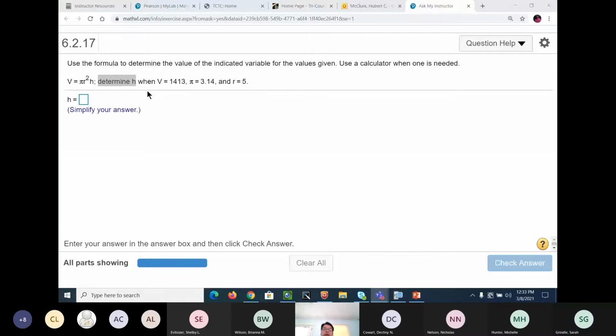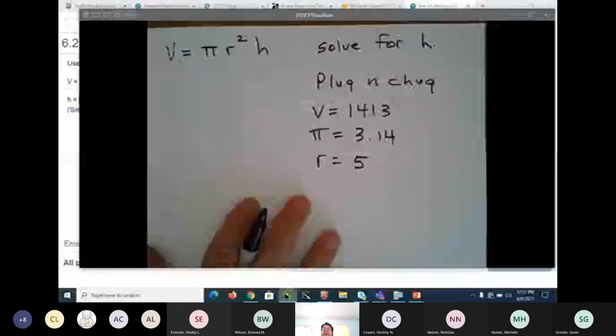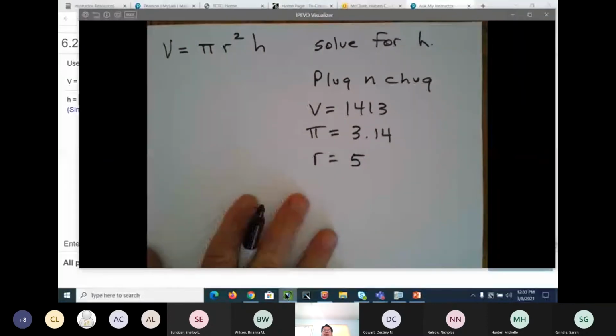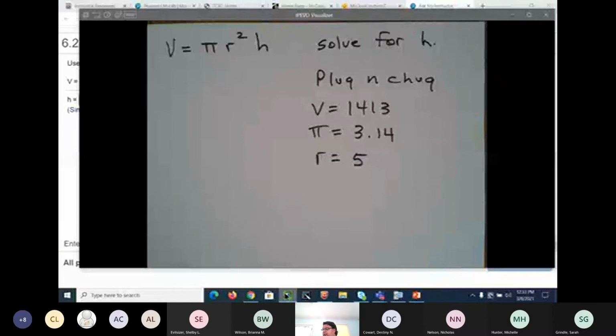So this is what the problem actually says in Hubertism terms. That's what you need to change that problem into.